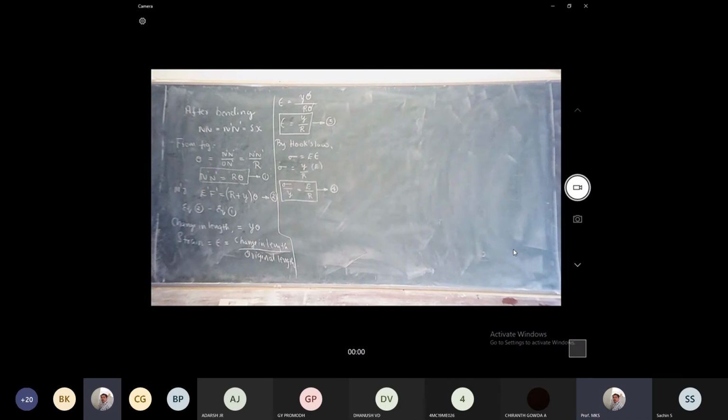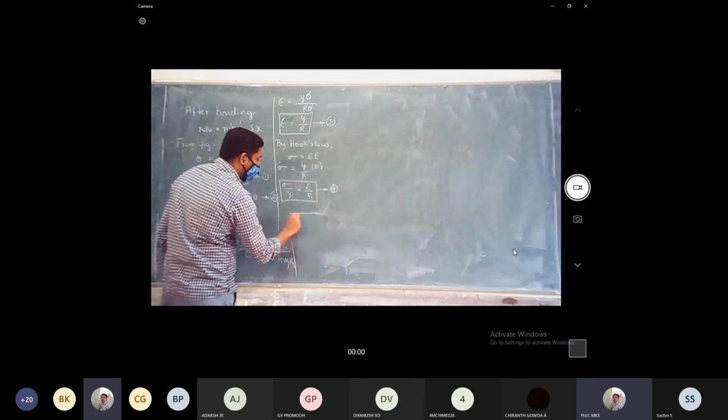The top portion of the beam is in compression, the bottom portion is in tension. So now let us consider a small portion, a small element.